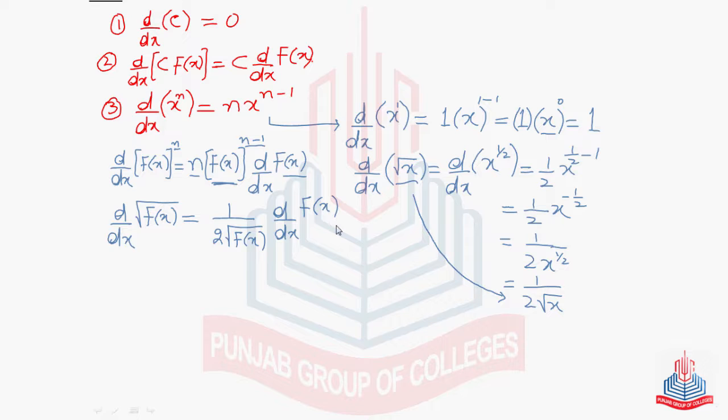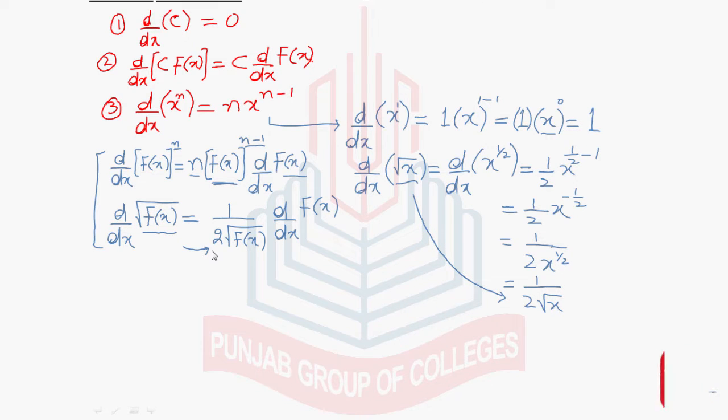So these two are generalized results of the power rule actually, but these two functions are very commonly used: a function containing power n and a function containing power 1 by 2, or you can say under root f(x). Without using some steps of the power rule, we directly move to this step: 1 by 2 under root f(x) and then the derivative of f(x). So this one is the explanation of the power rule.